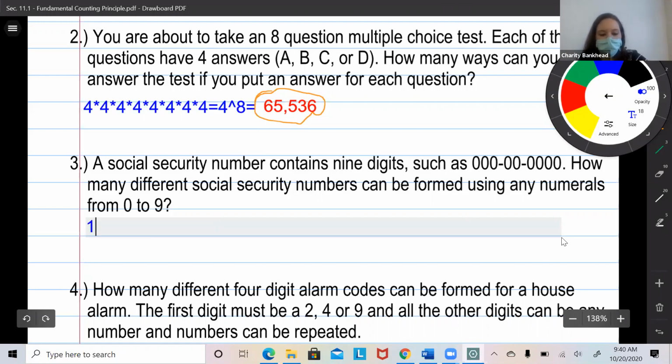So in other words, that is 10 to the power of 9.